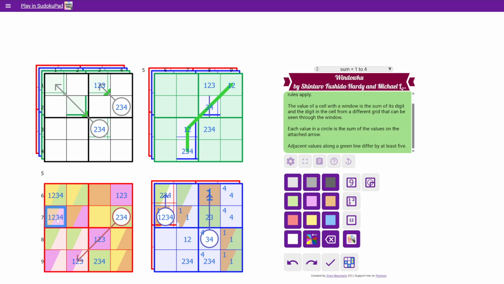This would be 1. This would have to be higher than 1. 1 would go here. This would be 2. That would put this one at 1.